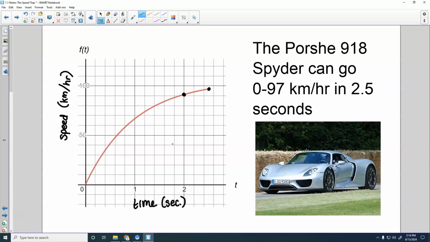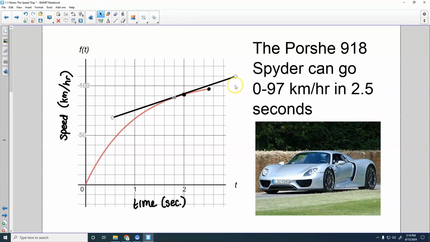So if I go over here to 2 seconds, and I'm going to do like we did yesterday, I'm going to try to put a tangent line in here, a line that just barely touches the graph. Adjust it here a little bit. Let's see if I can get something that works pretty well.